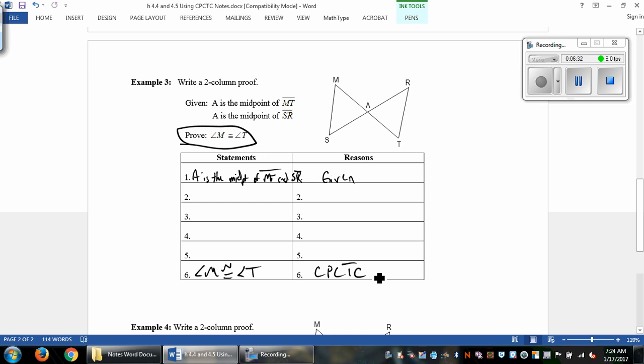Okay, so if A is a midpoint of MT, that means it breaks MT into two congruent parts. So that would give us AM congruent to AT. And that would be the definition of a midpoint.